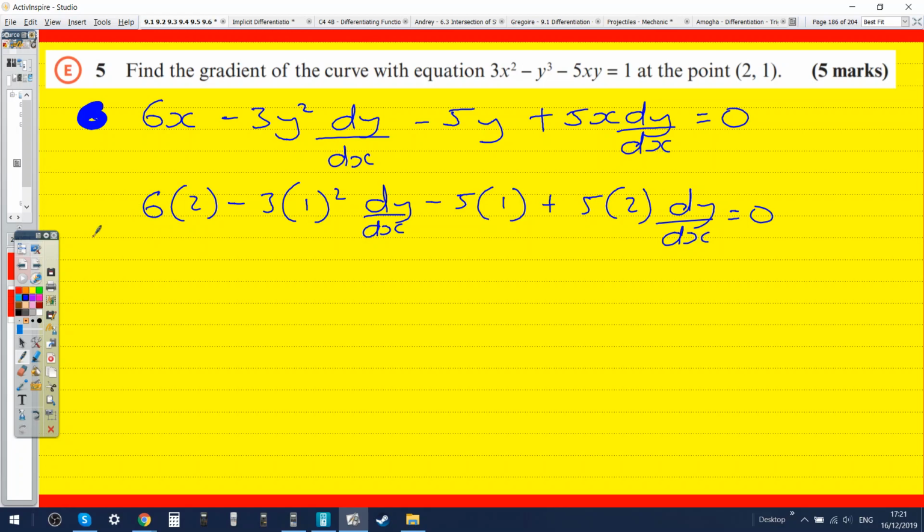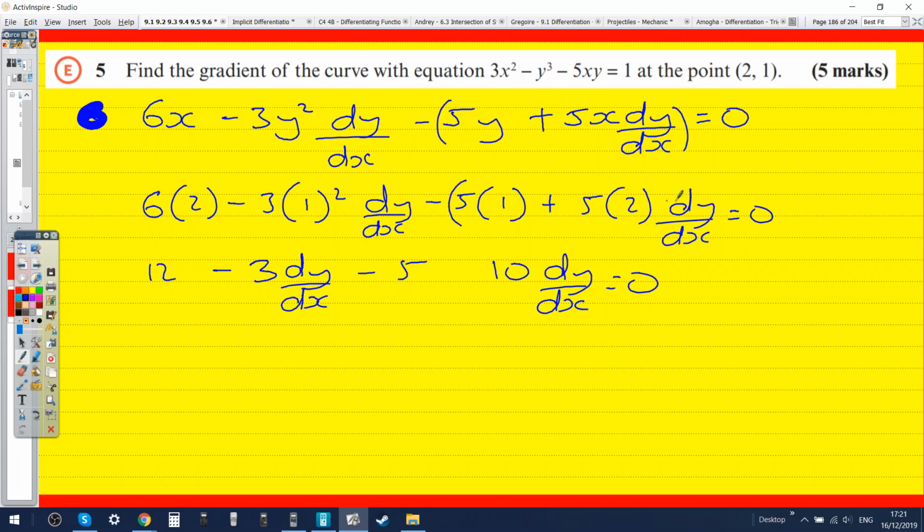So you get 12 minus 3 dy by dx minus 5 plus 10 dy by dx. I suspect that's minus 10. Why would that be minus? Oh, because that would be in brackets, yeah. So it should be minus.